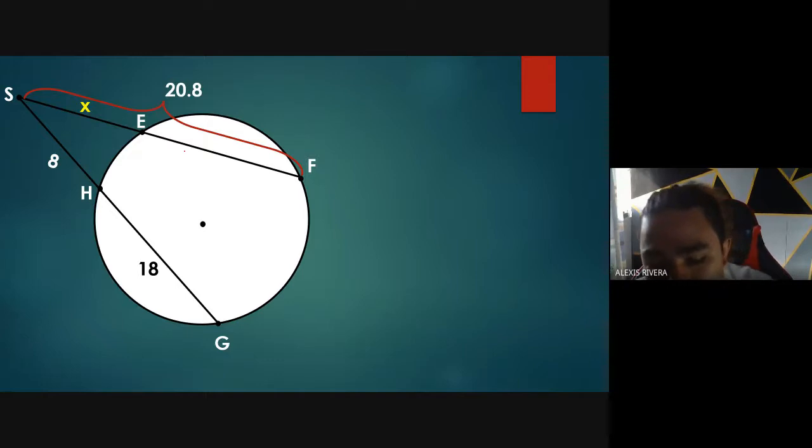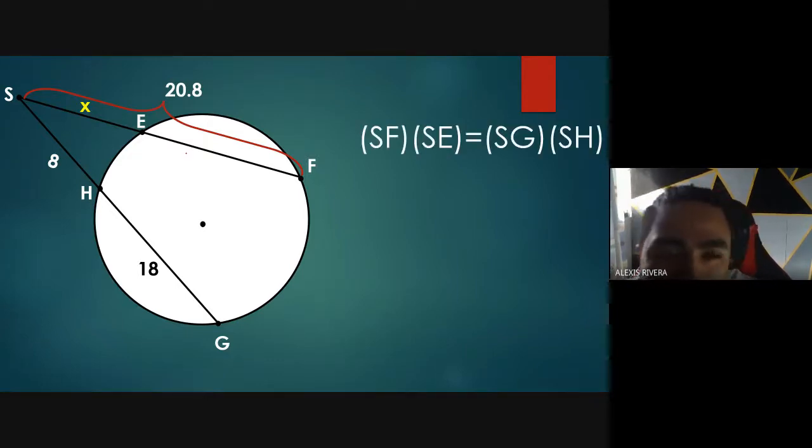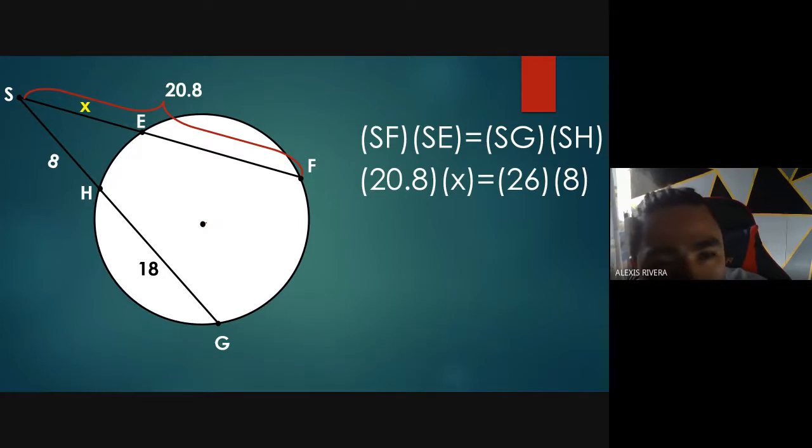Okay, let us see. So we have your SF times SE. That is equal to SG times SI. So substitute once again. We have 20.8 for SF and we have X for SE. That is equal to 26 for SG and 8 for SH.